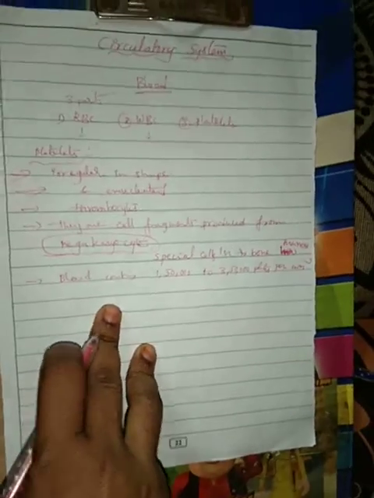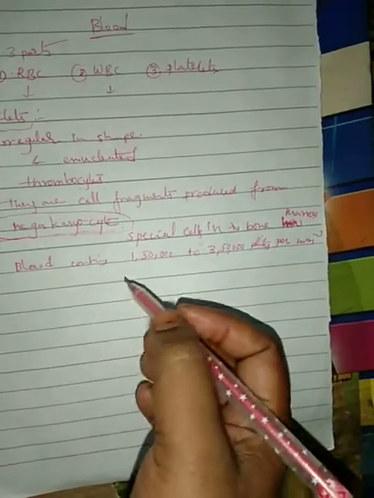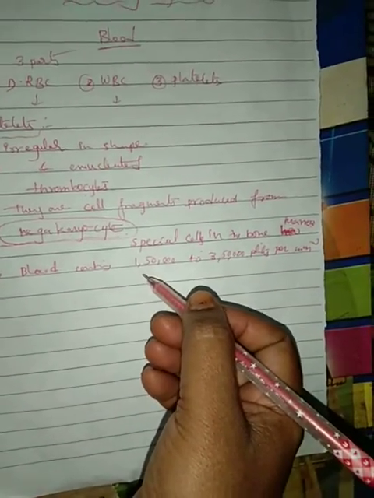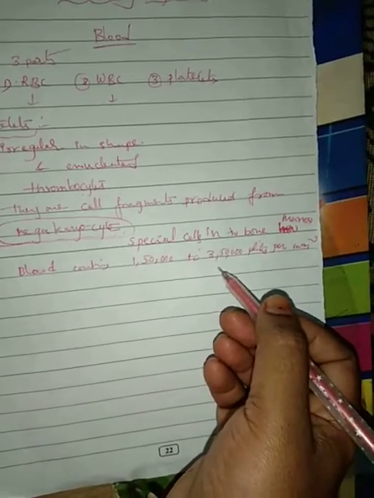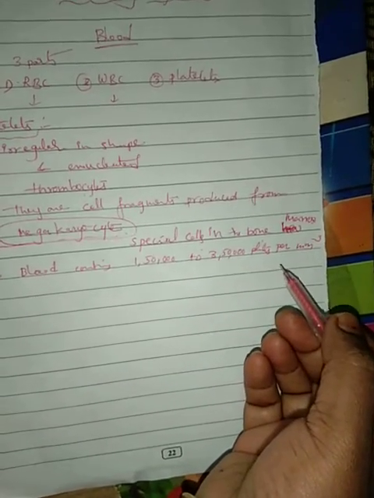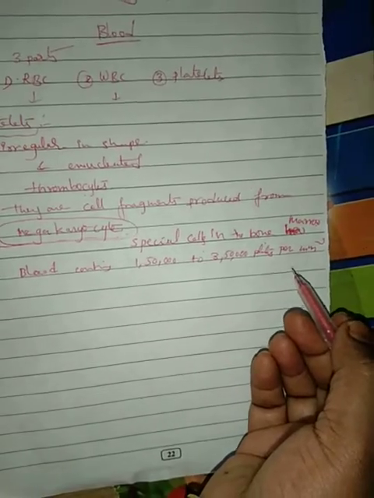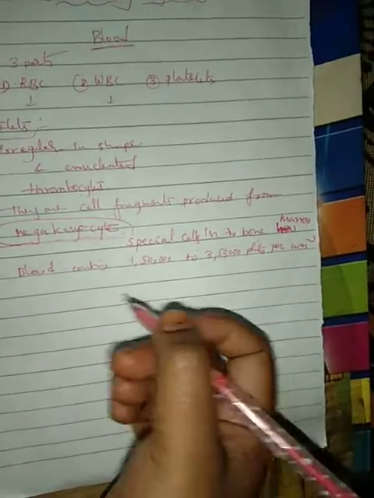The platelets are mainly 1,50,000 to 3,50,000 platelets per mm cube. Okay.